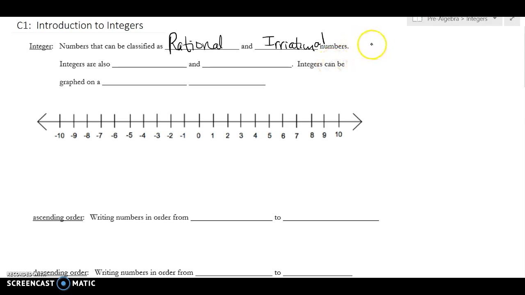A rational number is a number that just stops. It has an ending. An irrational number is a decimal, something like 0.3333 that keeps going. It doesn't have an ending point. There are also integers, but integers are positive and negative.